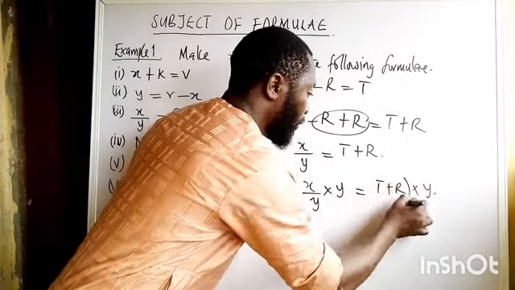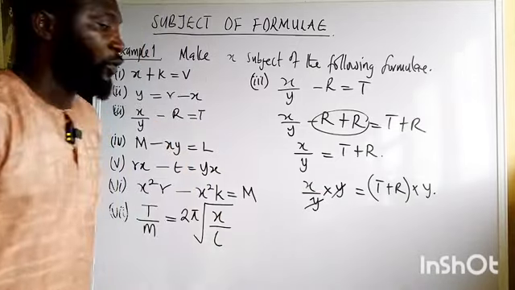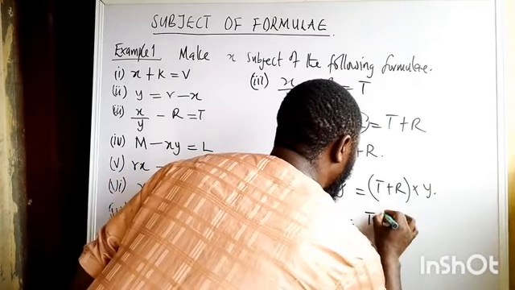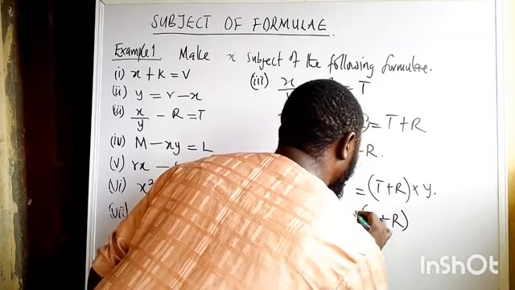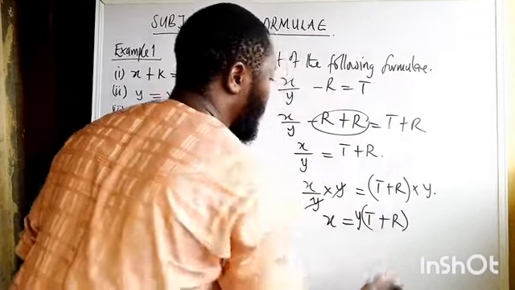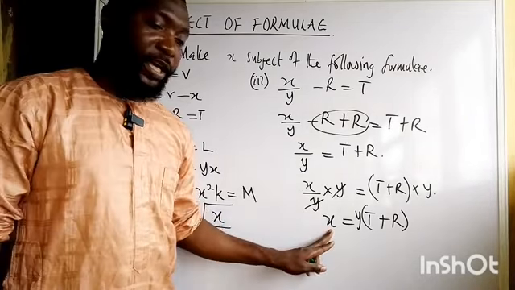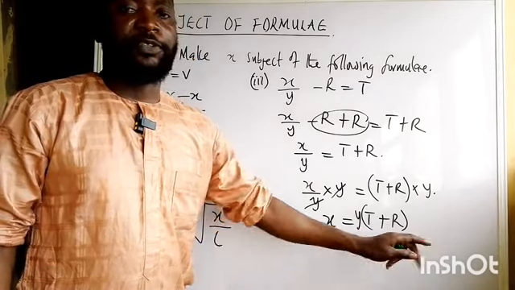So you close your bracket. So this y is gone. What is left? x equals t plus r in brackets, times y. You can write your y in front here, or if you like, you can keep it at the back. So it means now we have made x the subject: x equals y open bracket t plus r.